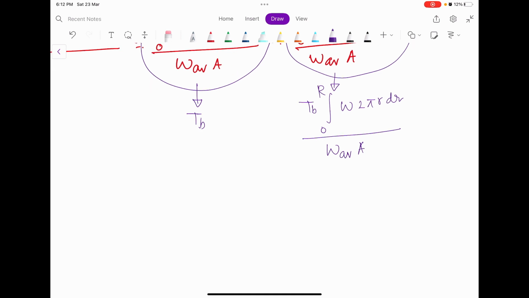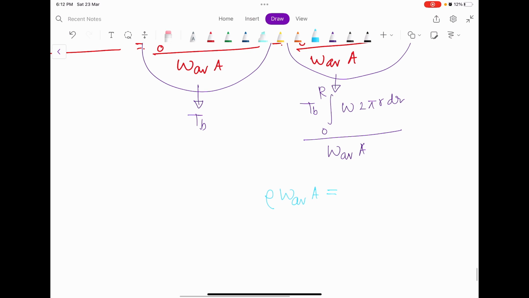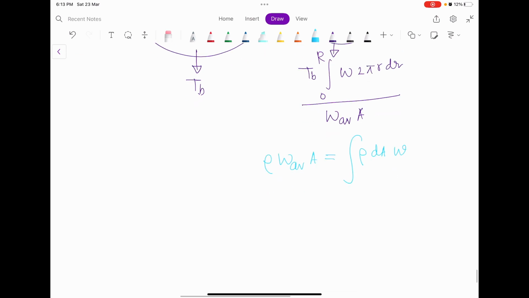Now if I take the same concept for the mass, at any cross section, what should be the mass flow rate? That is rho into W average into area. And in terms of the actual W, that is the integral of rho into dA, the small elemental area, into the local W. If rho is constant, it can be cancelled out.